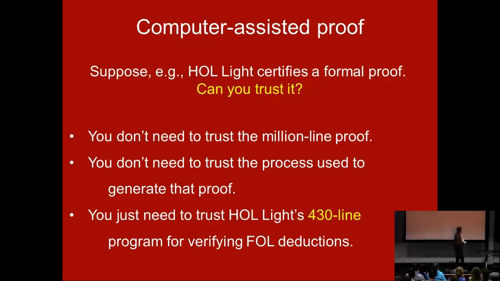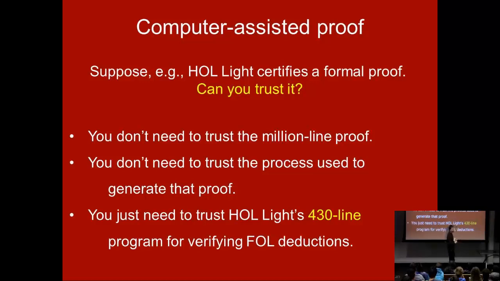And it assists with this question that came up with the four-color theorem: is a proof valid? So suppose, like Hales did, you come up with some giant formal proof, electronically coded, and this HOL Light program checks that it's a valid deduction. Can you trust it?